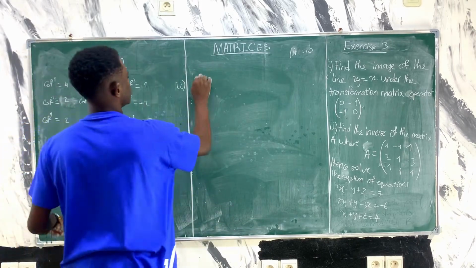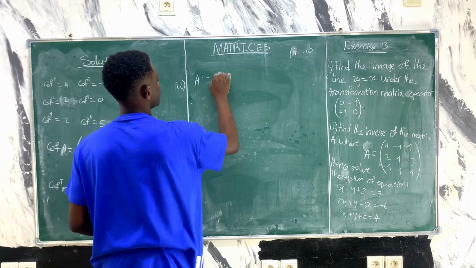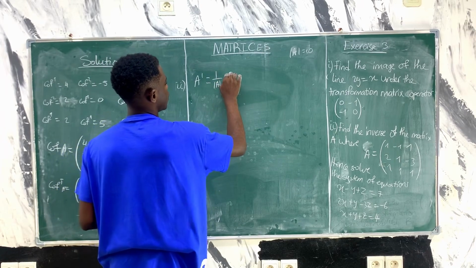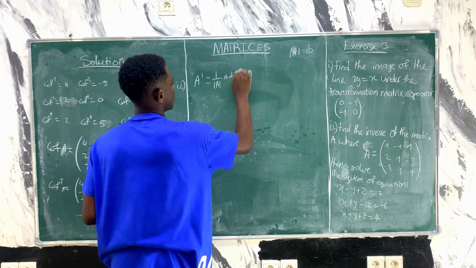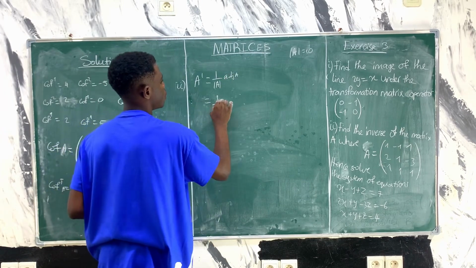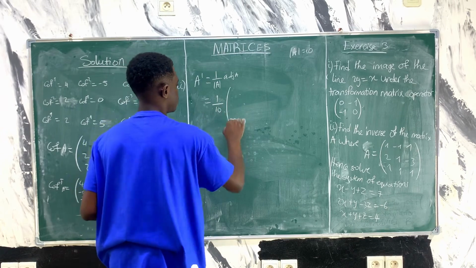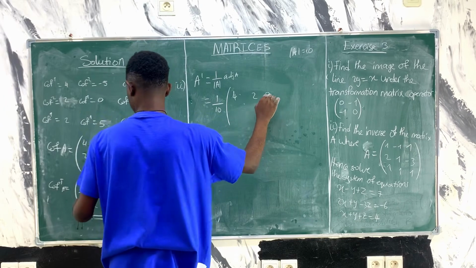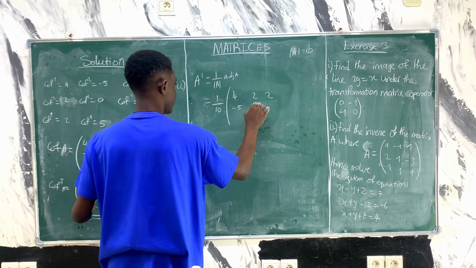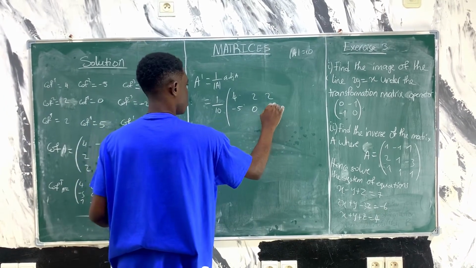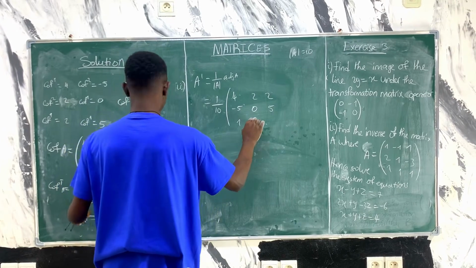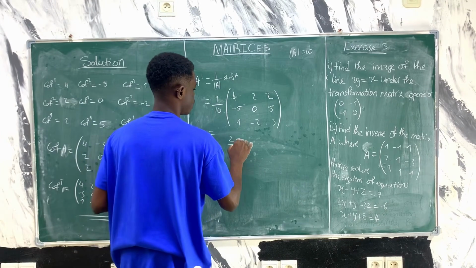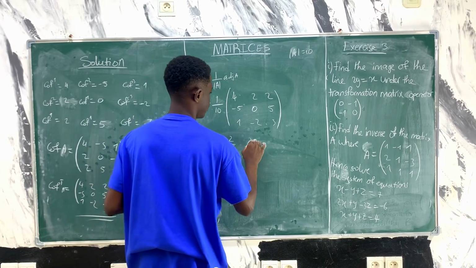So A inverse is going to be 1 over determinant times adjoint, which is equal to 1 over 10 times 4, 2, 2, minus 5, 0, 5, 1, minus 2, 3.